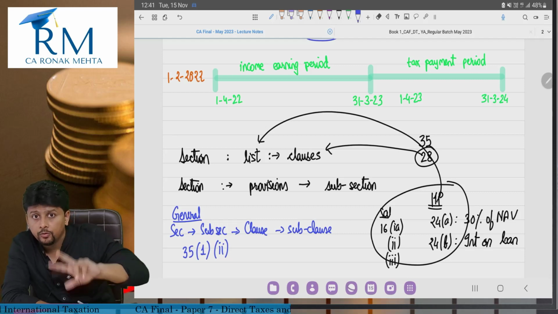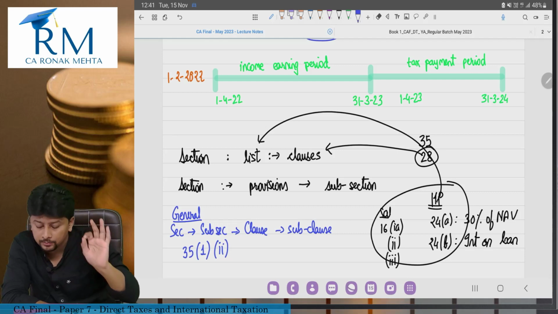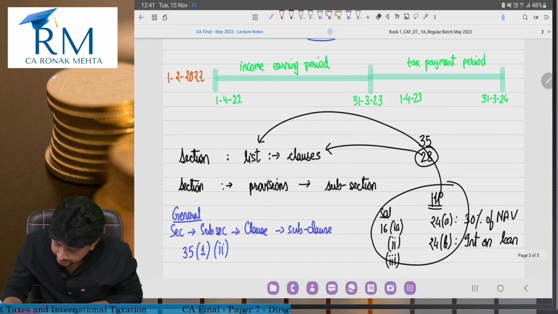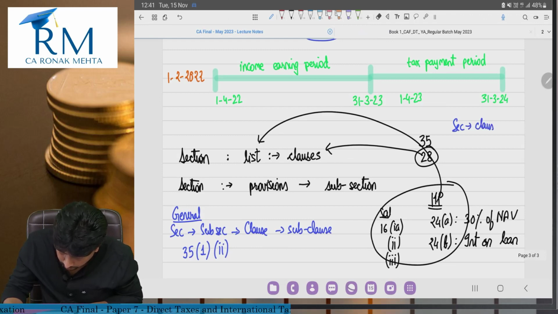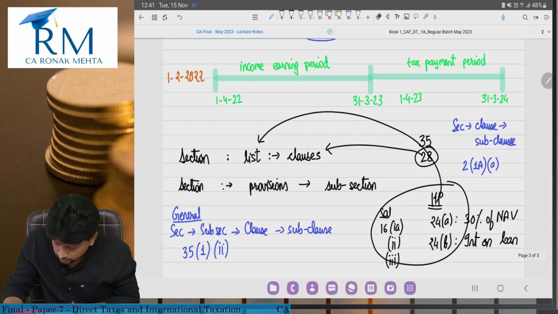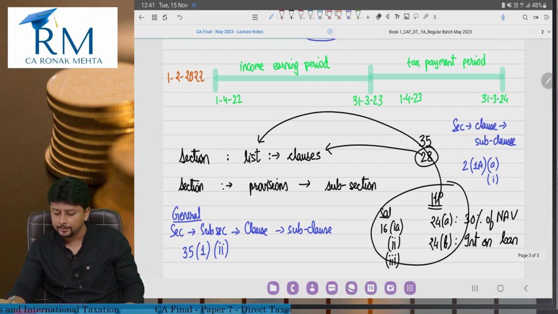But if you are talking about a list wala thing, definition, exempt incomes, then it will be section, clause, subclause. Section 2, 1A, agriculture income, in that subclause A or subclause 1, depends on the numbering selected by the Income Tax Act.